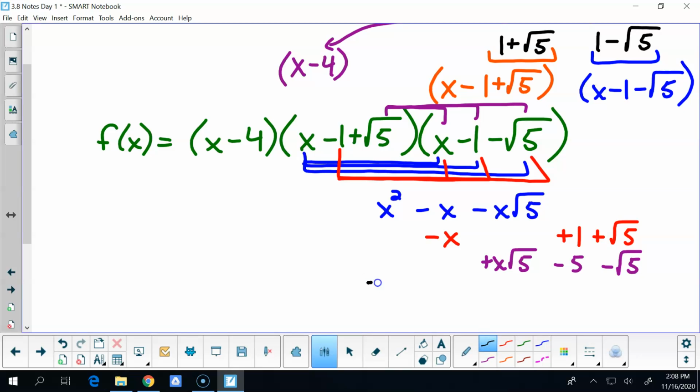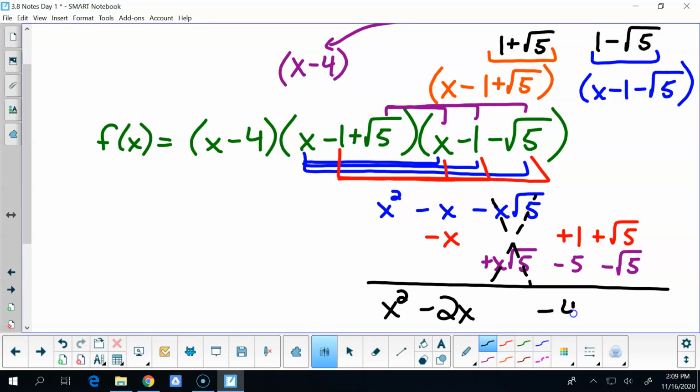Add those all together, and that gives me x squared minus 2x. Negative x square roots of 5 plus x square roots of 5 goes away.